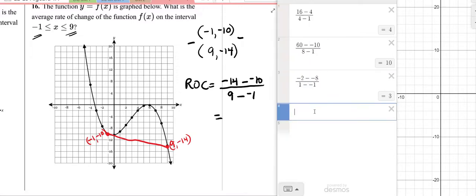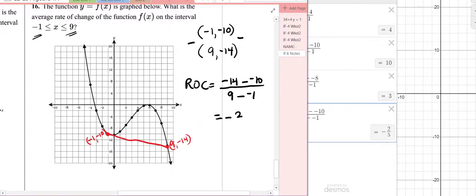All right, putting this in the calculator, we get negative 14 minus negative 10, and then 9 minus negative 1. So it's a decimal, so you're going to click here and turn it into a fraction, and it's negative 2 over 5. And the main thing is that it's negative, which we knew because it was going to be a decrease, okay? All right, thank you, and I hope this helps.